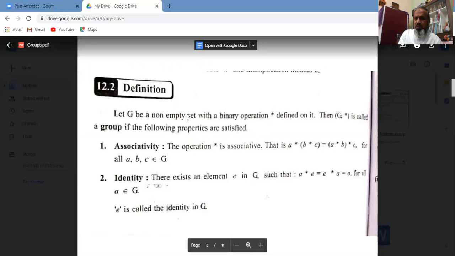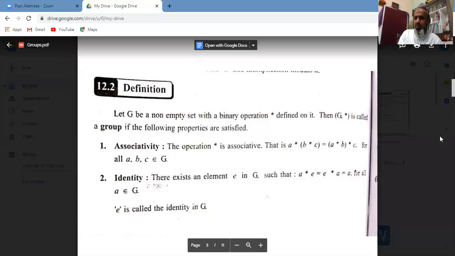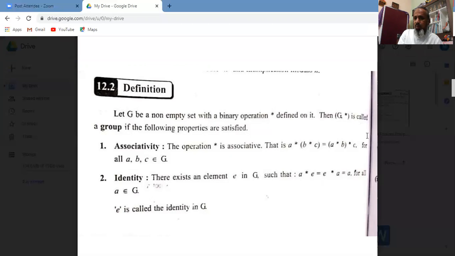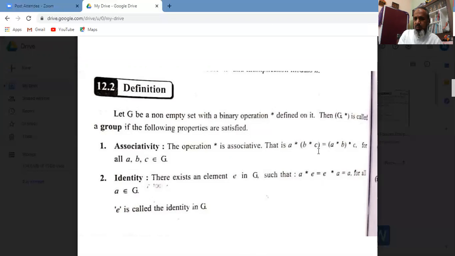The set G is a non-empty set with binary operation star. For the associative property, we have to take three elements A, B, C belonging to G, and this property must be satisfied: (A star B) star C must be equal to A star (B star C).